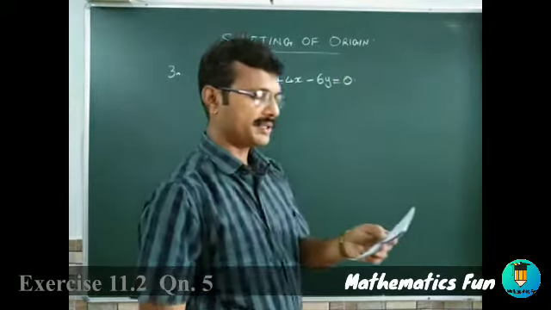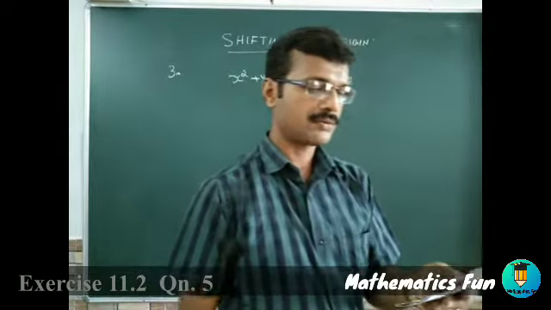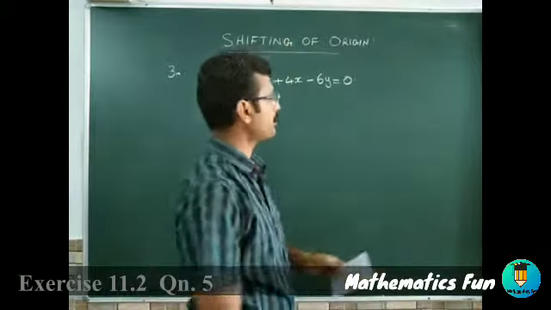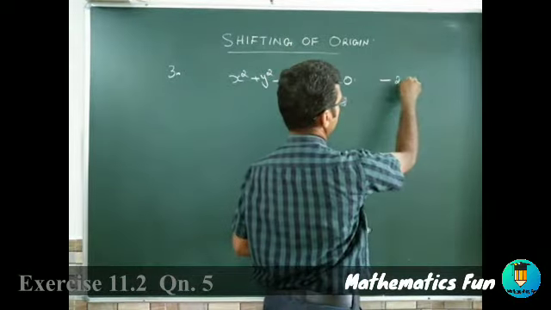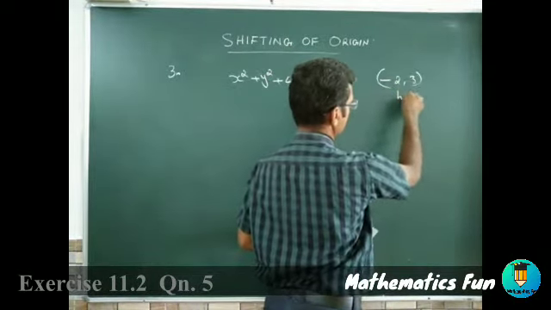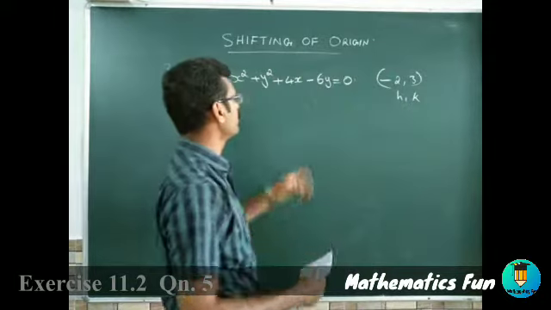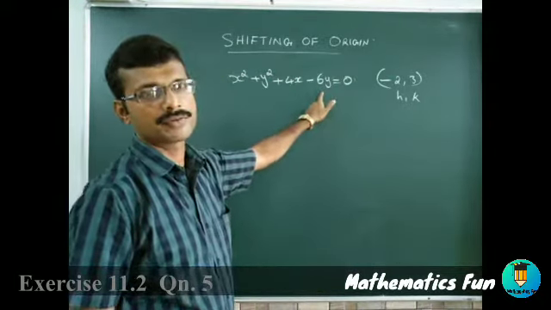We have to find out the transformed equation of the curve when the origin is shifted to the point minus 2 comma 3.